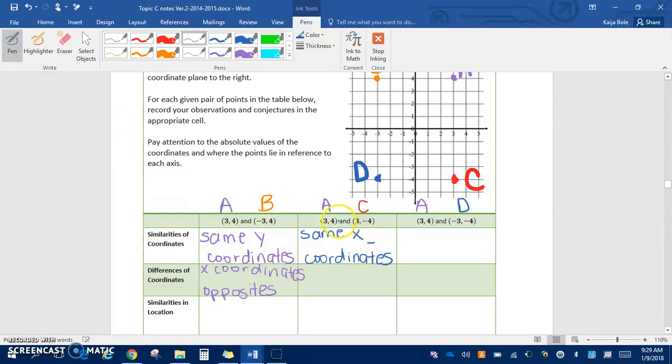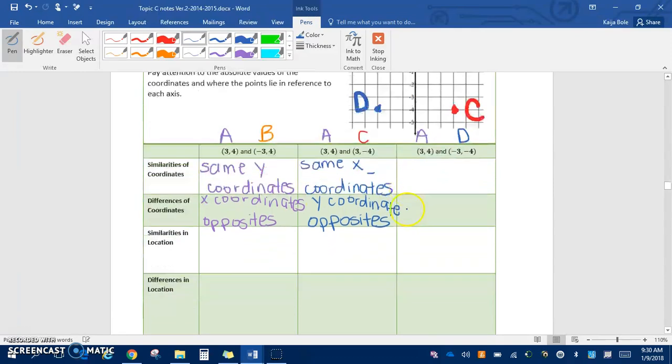The differences, now if we look at their y's, their y coordinates are opposites. I'm going to shorten that: y coordinate opposite. Hopefully you can read this. This box doesn't want to work with me today.